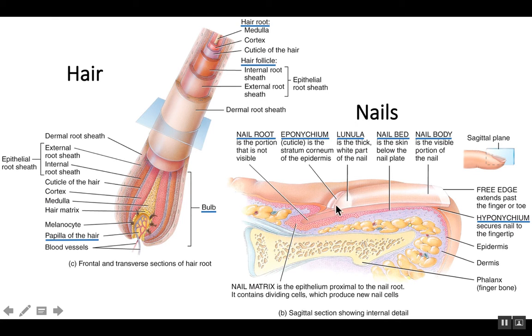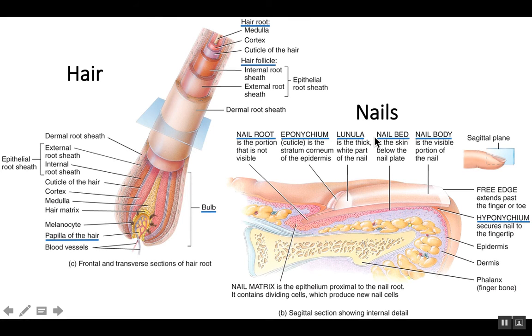There's a lighter component at this back area called the lunula. Then the nail bed is what the nail rests on. And then finally the nail body and the free edge is what you trim. If you have the bad habit of biting your fingernails, that's the end that you bite. Underneath that free edge is the hyponychium.